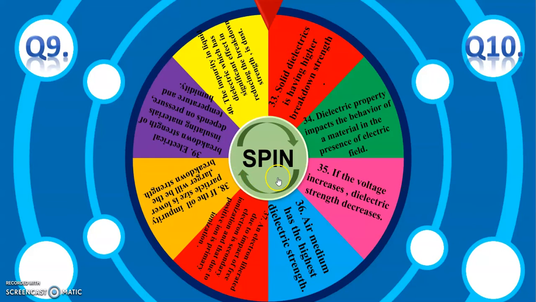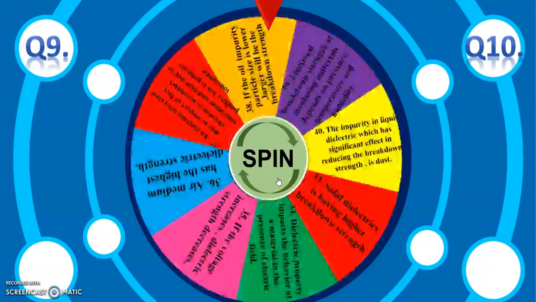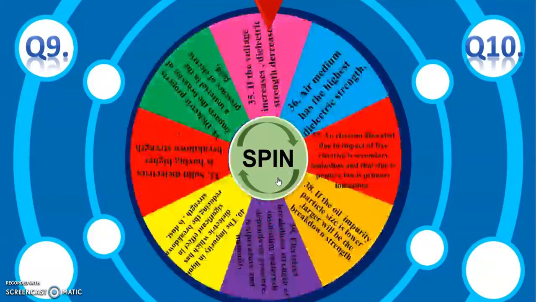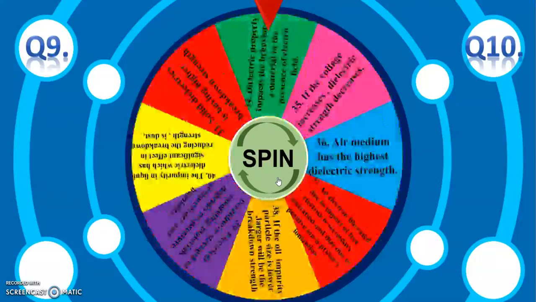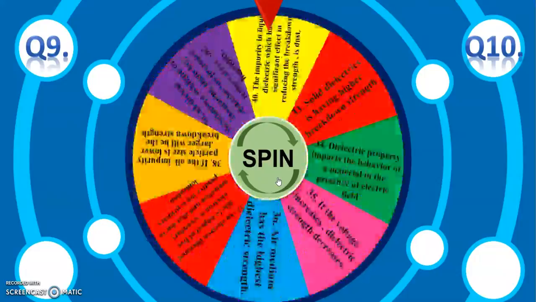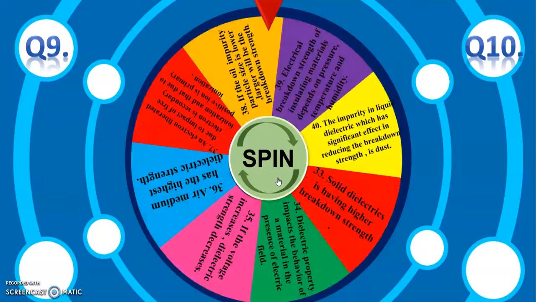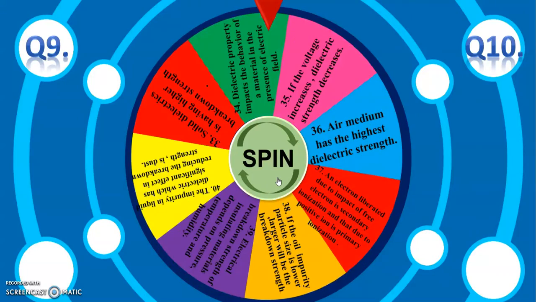Now question number 9. Whose turn? Question number 34, green color.